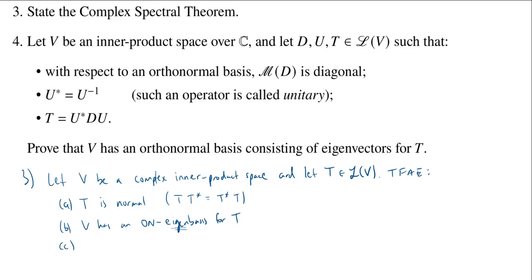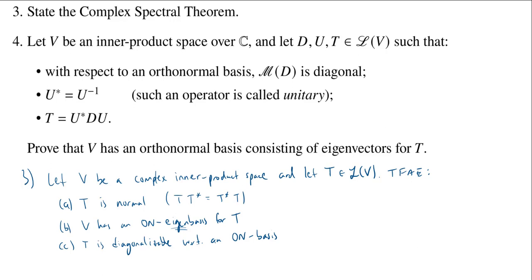And then finally, this means that T is diagonalizable with respect to an orthonormal basis. And of course, once you know that it's diagonalizable, that already tells you you must have an eigenbasis.